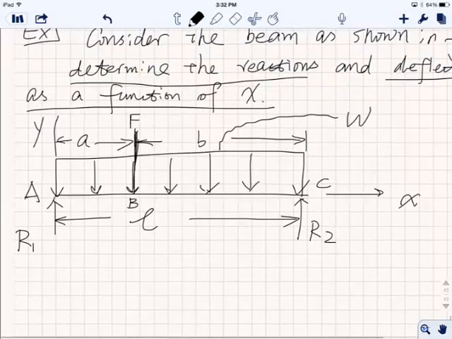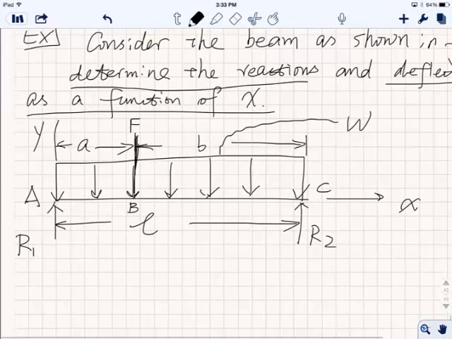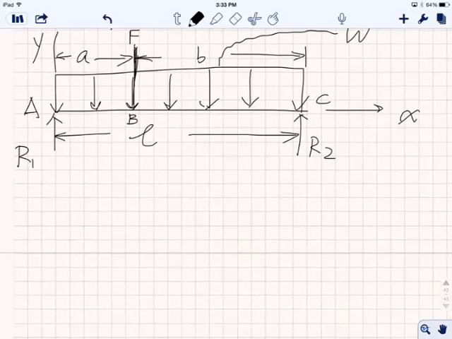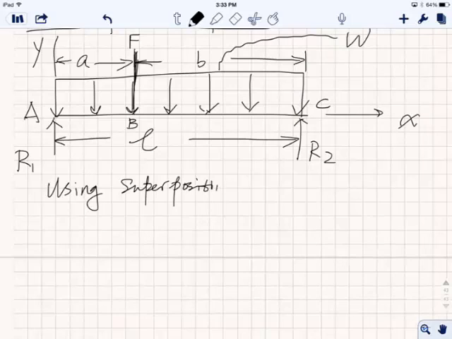First of all, we're asked to determine the reactions, which is relatively speaking easy. What we need to do is use the concept of superposition. Like we mentioned, there are two different loads, right? One, you have a distributed load.